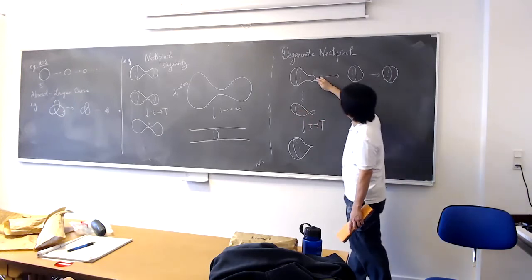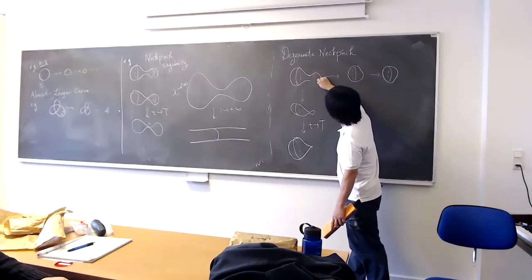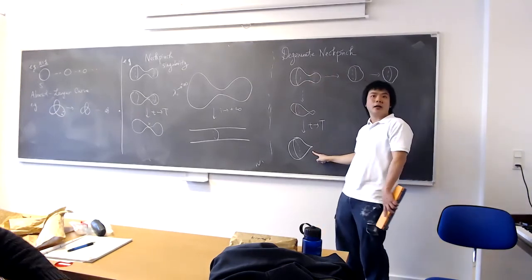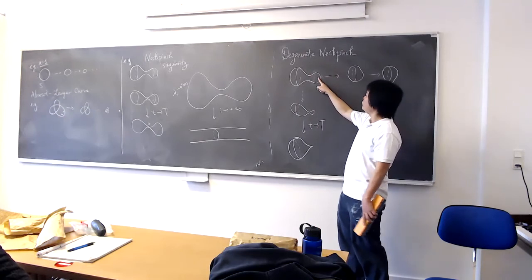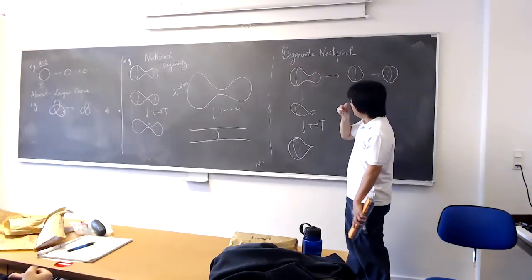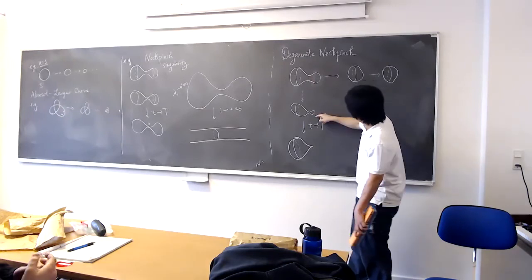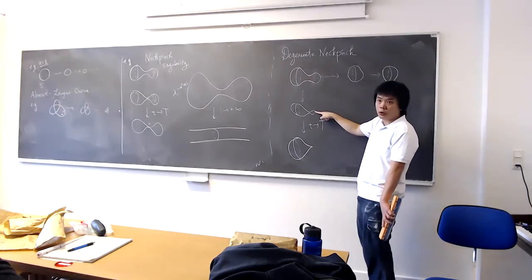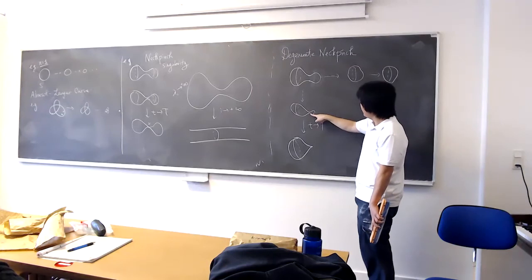But there's a critical one in between, exactly where this happens: the ball together with the leg collapses at the same time. You can think of it this way: because this ball is so small, the curvature is very big.